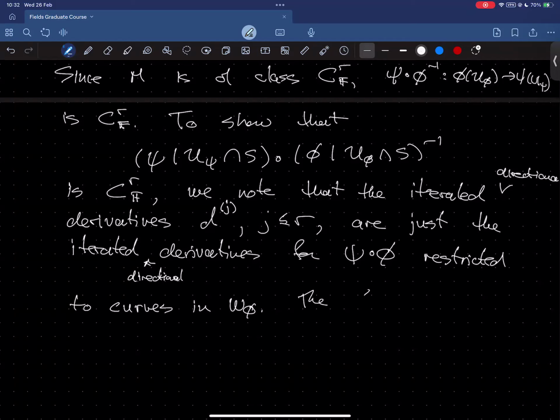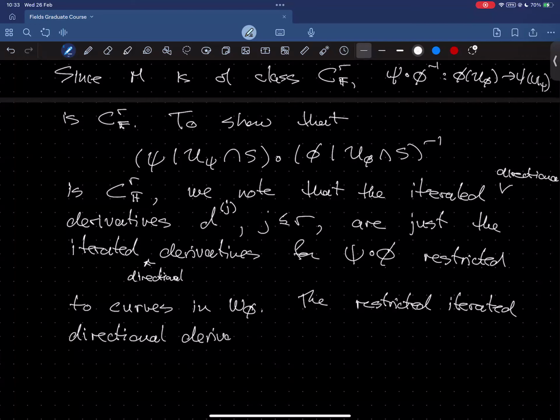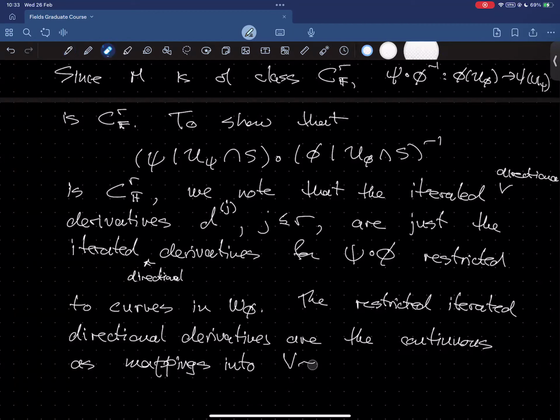So the restricted iterated directional derivatives are then continuous as mappings into not W psi, but V psi. Let me explain that.